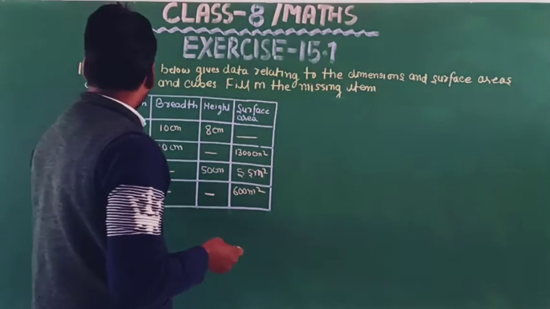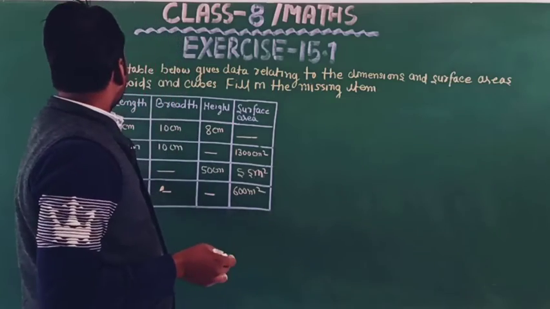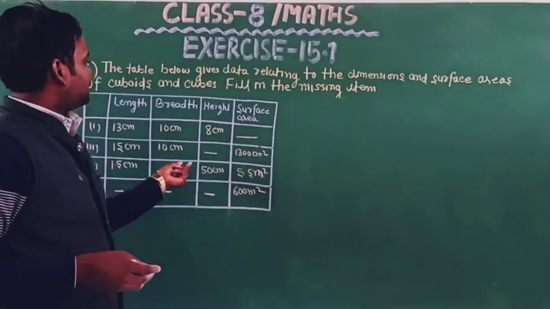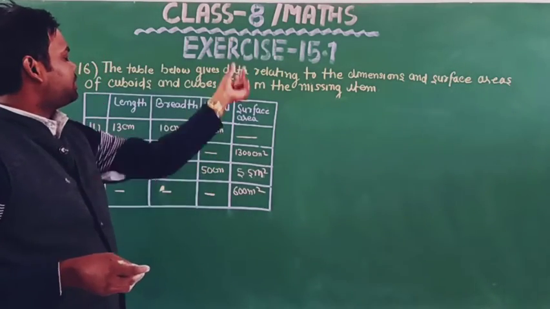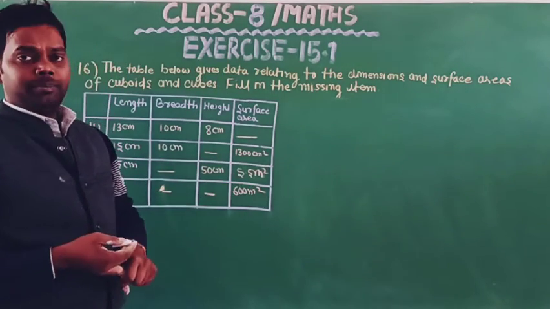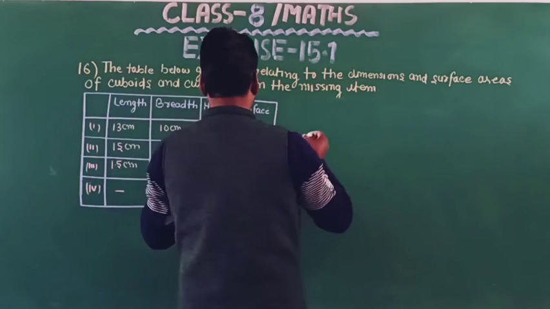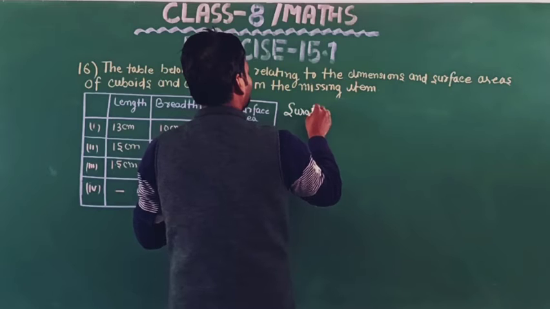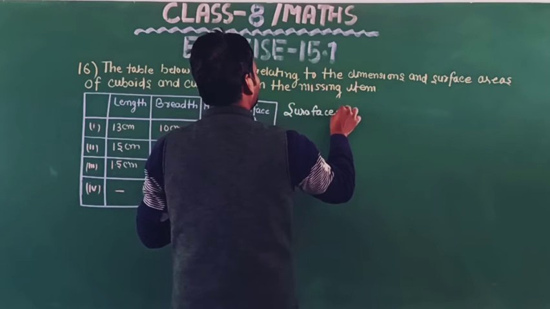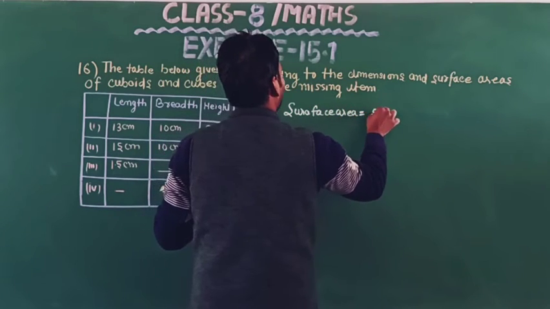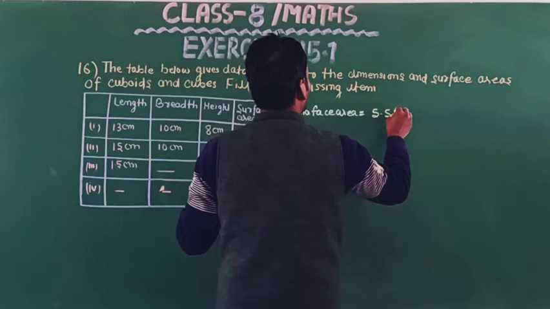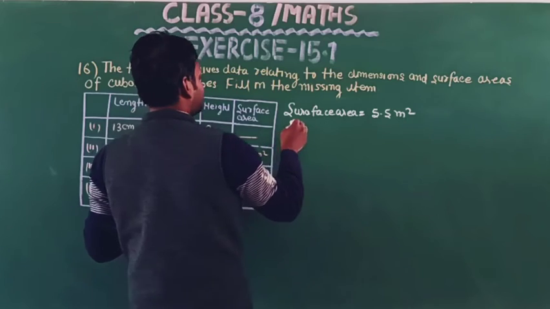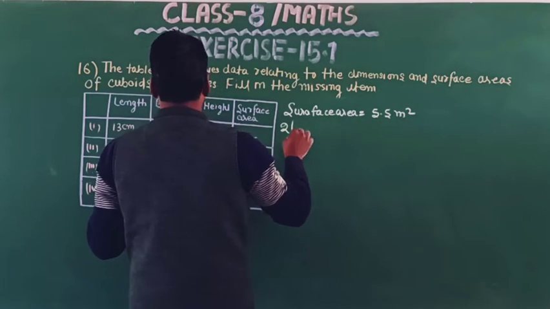Okay, now move to the third part. The length is given as 1.5 centimeter, breadth is missing, height is 50 centimeter, and surface area is given as 5.5 meter square. So we know the surface area is calculated by 2(LB + BH + HL).